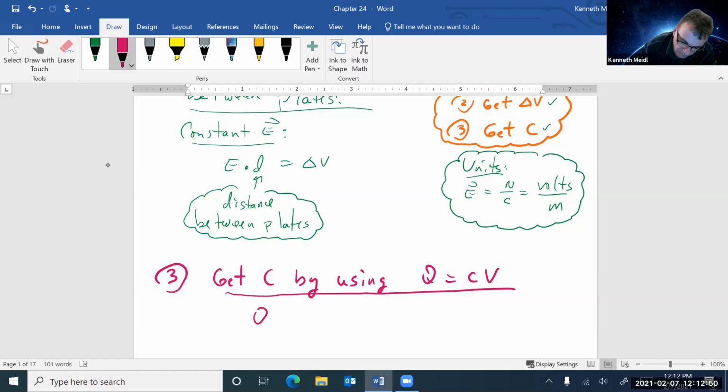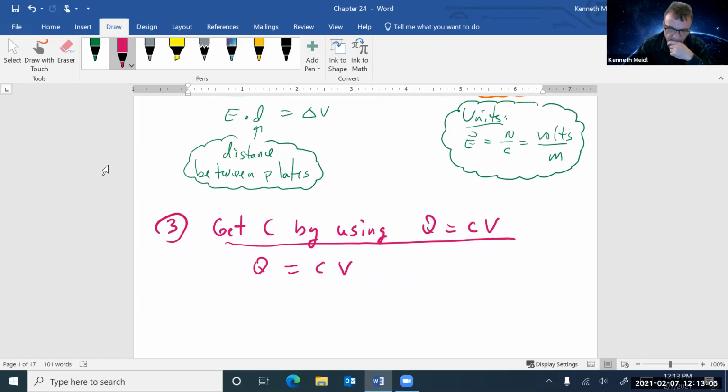Okay, so Q equals C times V. Can you be clever enough here to kind of figure out what's taking place here?